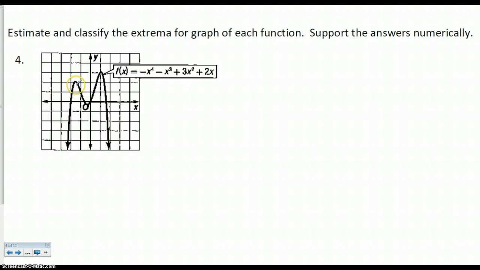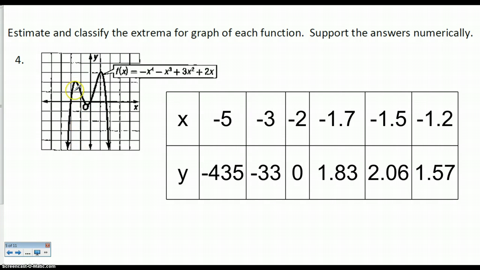So when I look at this graph, there are 3 different changes of direction. 1, 2, 3. I would say that these are maxes, and this is a minimum. So let's look at x equals negative 1.5. I'm looking at x values getting closer and closer to negative 1.5 because that's where it looks like a peak point.